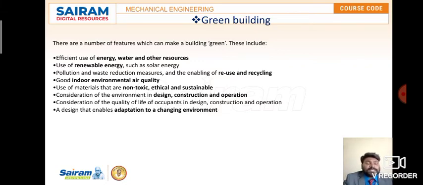And then design, construction, operation: consideration of the environment. Whatever design we use, as I told you in the previous slides, the difference between the conventional and non-conventional. In the same way, for designing or construction or any operation, as in the case of industries or the automobile field, in any field, we need to consider the environment.